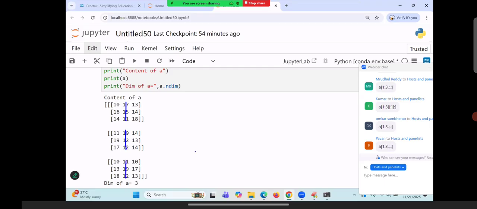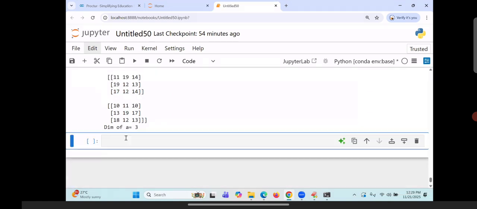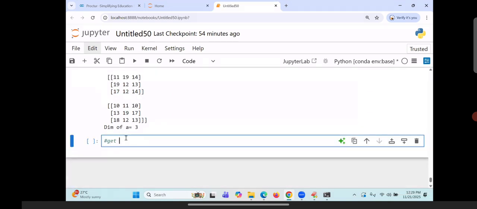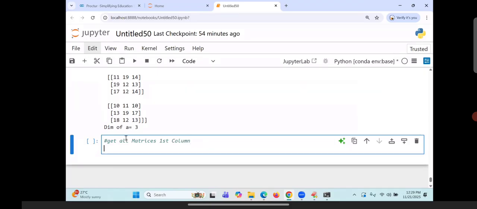All matrices, first column values I want. Get all matrices, which column? Come on. First column. Actually I could ask you by making you stand, but I don't, because you will feel tension.